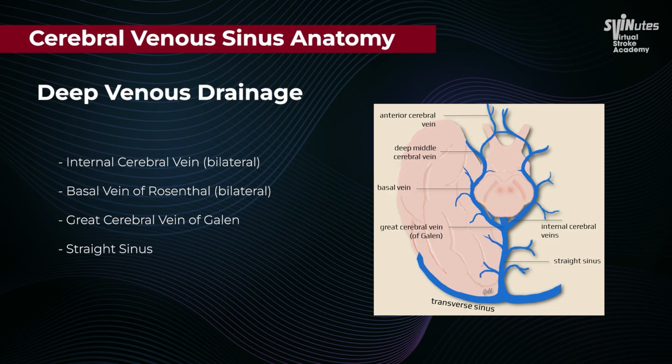The other deep venous structures, which you can see here in the diagram, we'll look at on this next slide. So predominantly we're talking about the internal cerebral veins, and those are bilateral, the paired structures, as well as the basal vein of Rosenthal, again bilateral. They're going to converge to create the great cerebral vein of Galen, and then that is also going to empty into the straight sinus. So let's look at those individually.